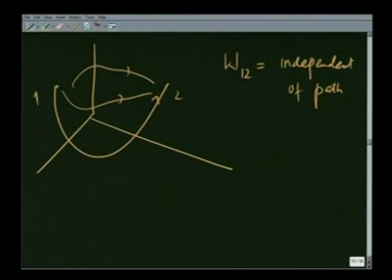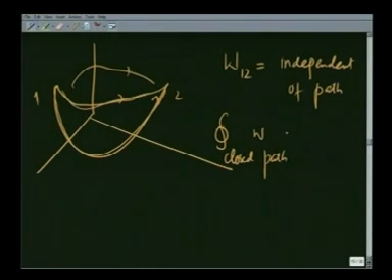In this case, if I go from 1 to 2 and come back via other path from 2 to 1, work done, since their magnitudes are equal, is going to be positive in one direction, negative in the other direction, and therefore, in a closed path, work done is 0.